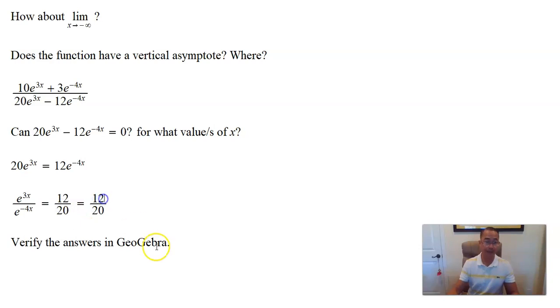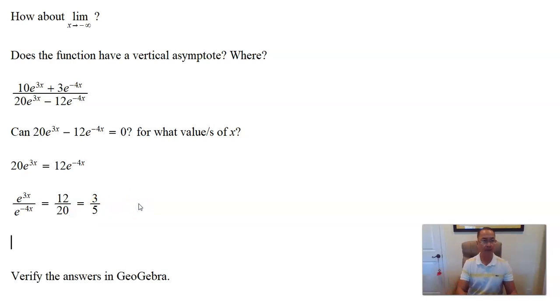Right on? I believe so. Now on the left, this happened before. We need the rules of exponents, so you get 3x plus 4x, minus minus. So you get e to the 7x equals 3/5.